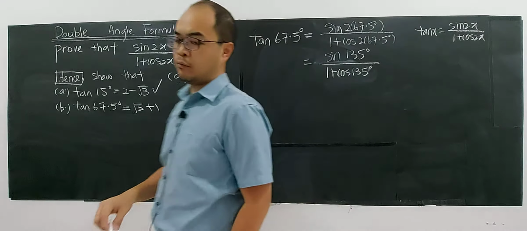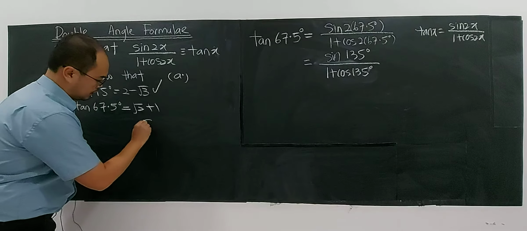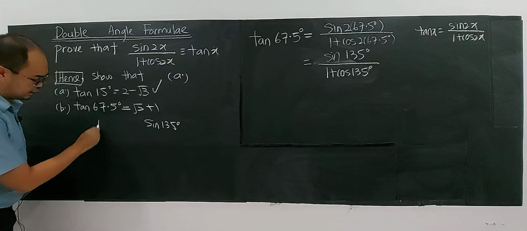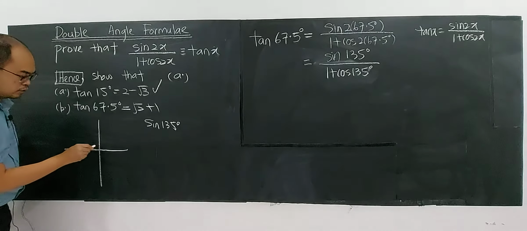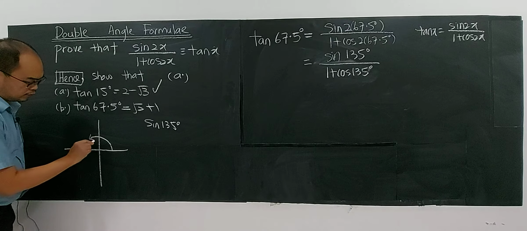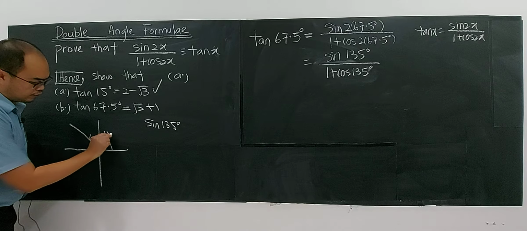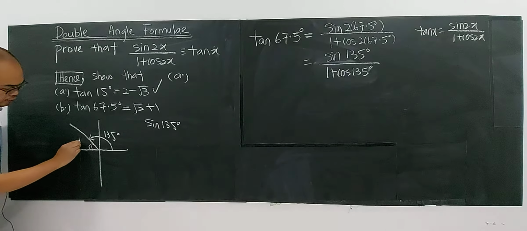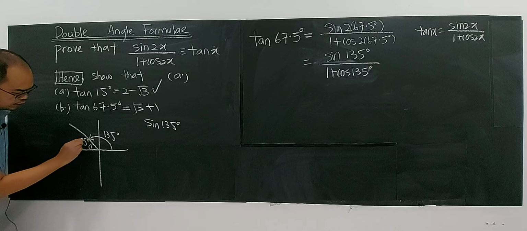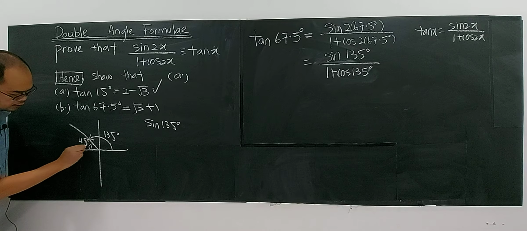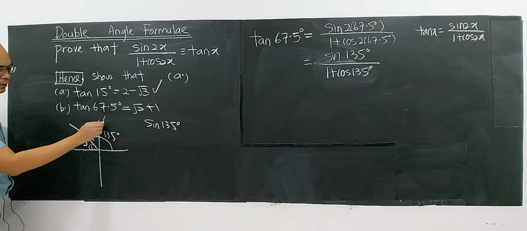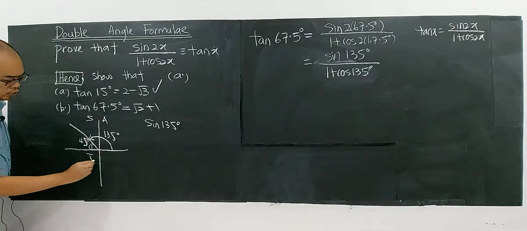So let's look at what is sine 135. Sine 135 is in the second quadrant, right? It's in the second quadrant, which you have 135 degrees here, and here will be the 45, right? The supplementary angle for this will be 45 here. So it means the acute angle is 45 here.